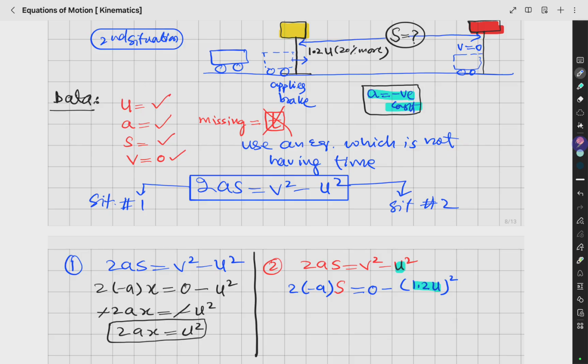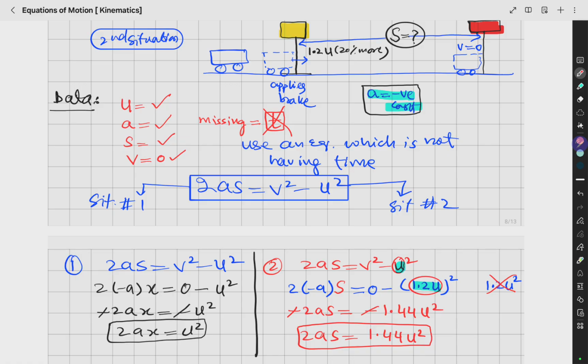One common mistake people make over here is they write 1.2u square. This is wrong. Why is this wrong? Because you have to take the square of the initial velocity. So the initial velocity is 1.2u, that's why you're taking the square of it. Now you simplify it, minus 2as is minus 1.44u square. So minus minus goes away. So 2as is 1.44u square. So this is your second equation.